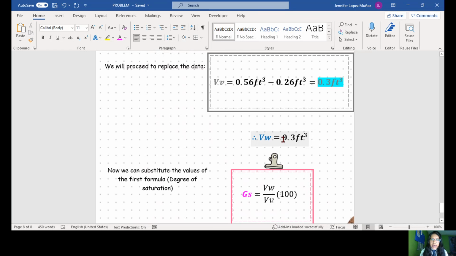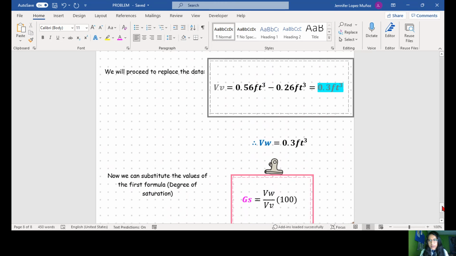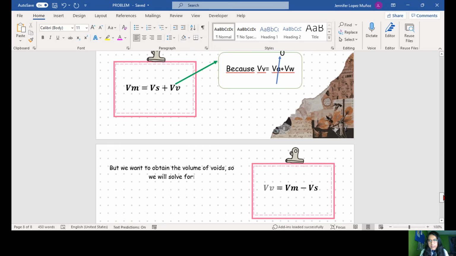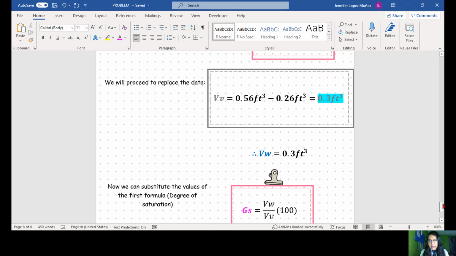Thus, the water volume equals 0.3 cubic feet, because the void volume is equal to the water volume in this case.